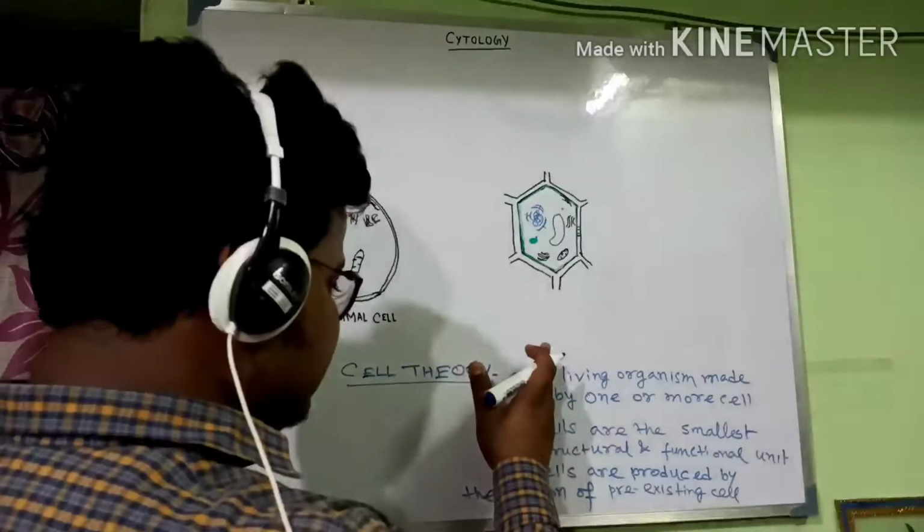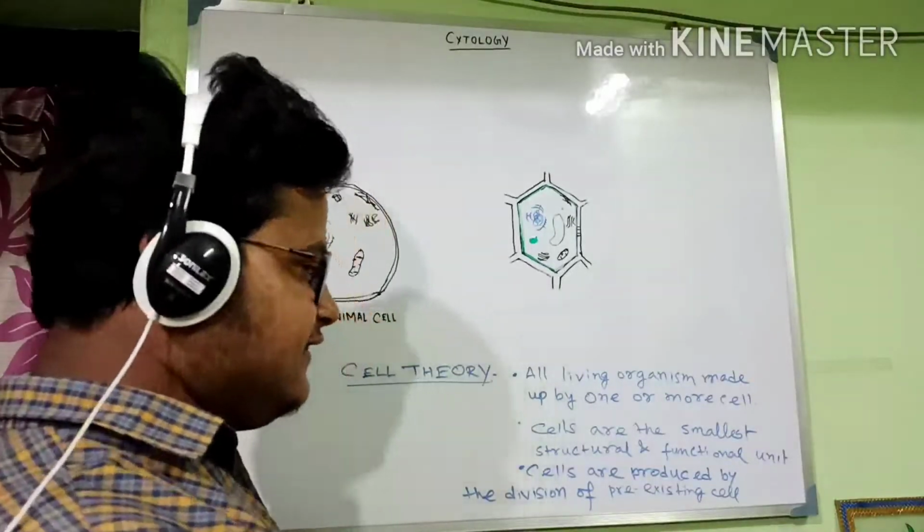Okay, these are the three principles of the cell theory.